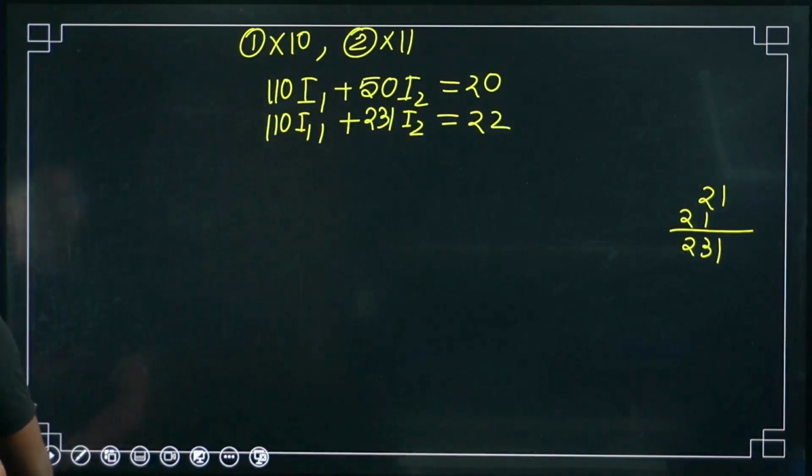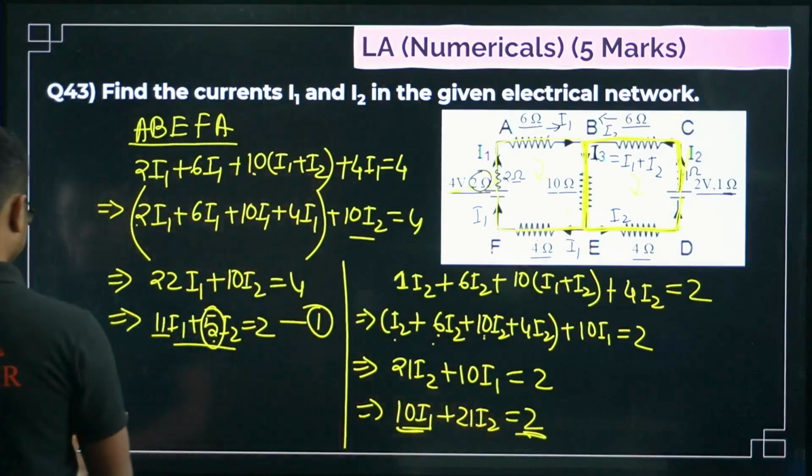Why 22? We are multiplying with 11, so 11 into 2 is 22.